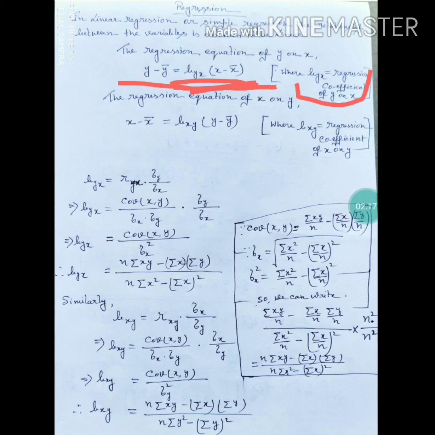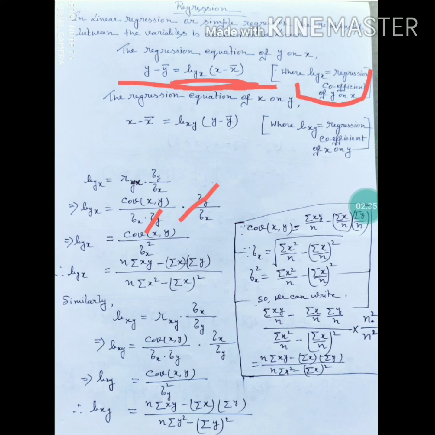Now we just write down the formula of ryx that you know already: covariance of xy divided by sigma x into sigma y. And sigma y divided by sigma x will remain the same. Now sigma y will be cancelled, and we will get sigma x square.